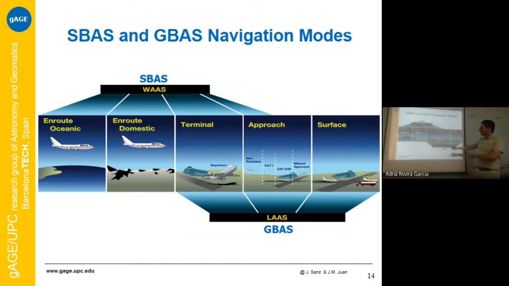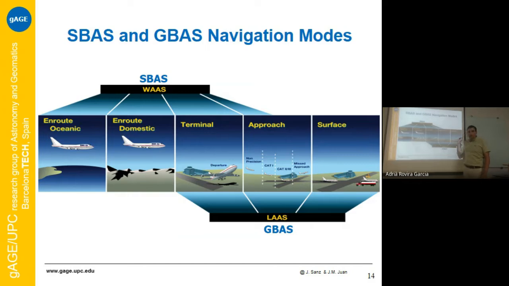Okay, these are the big pictures that we will discuss during today's talk. And here are the different phases of flight. We can have very loose phases, for example when we are in the middle of the ocean, in cruise, en route. Then we have a congested area, for example when we are approaching or departing from an airport.